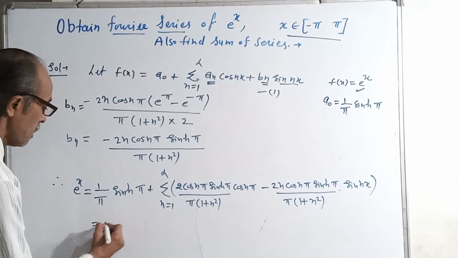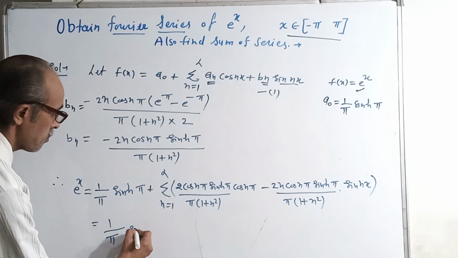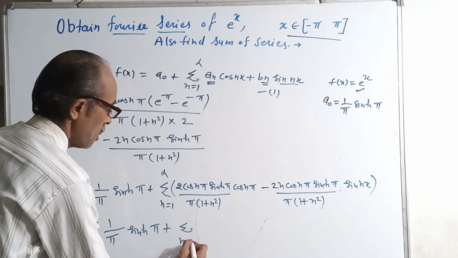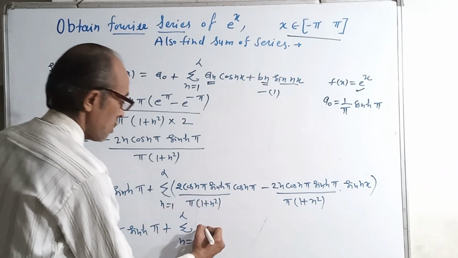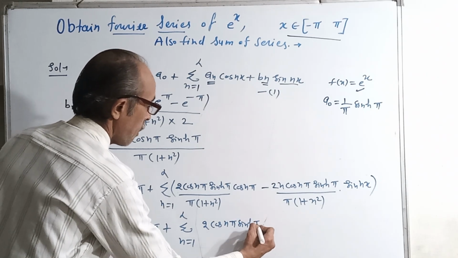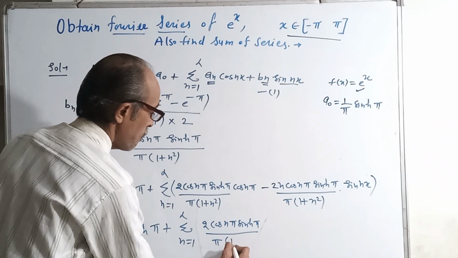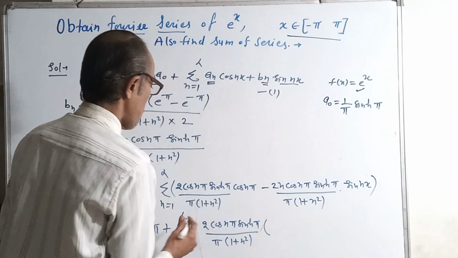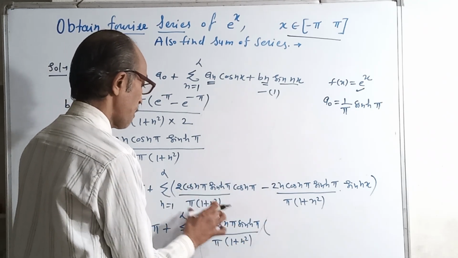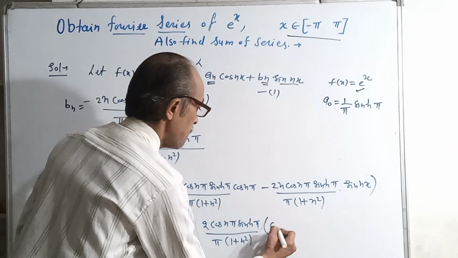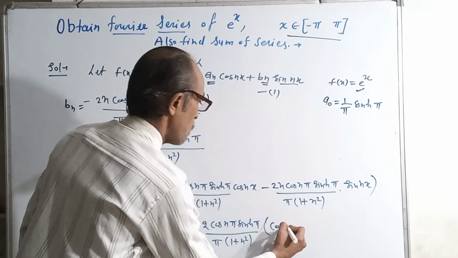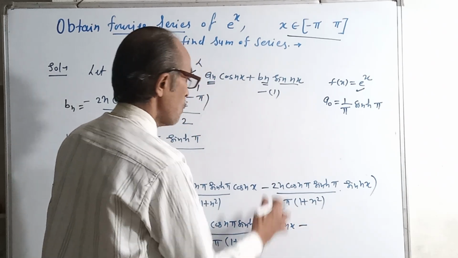And it reduces to 1 upon pi sinh(pi) plus summation from n equal to 1 to infinity of 2 cos(n pi) sinh(pi) divided by pi times (1 plus n squared), and the remaining terms are cos(nx), and minus 2n.